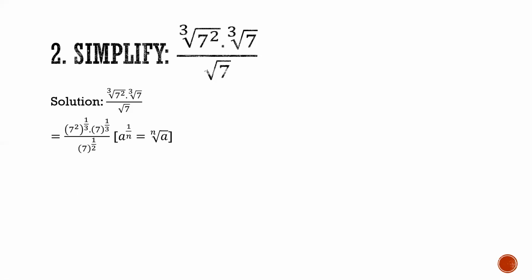That means we have to multiply our powers. So multiplying 2 into 1 by 3, we will get 2 by 3. So 7 to the power 2 by 3 into 7 to the power 1 by 3 is divided by 7 to the power half. And the formula is a to the power m to the power n is equal to a to the power m into n.